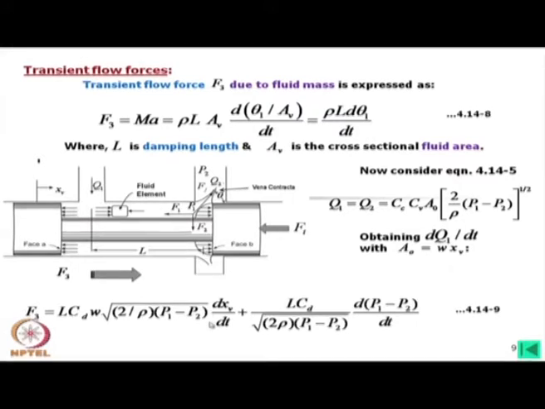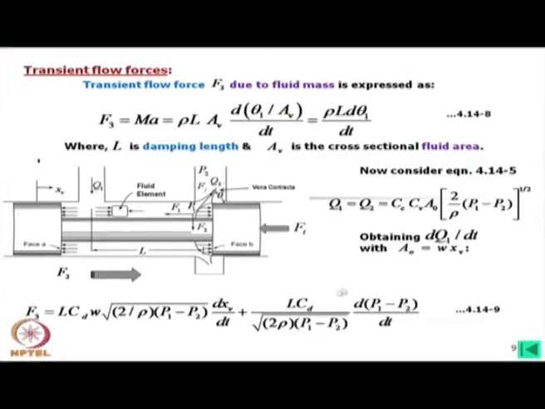Okay. A 0 we have put equal to W x v. So, while differentiating this equation, the first part is del x v by del t.